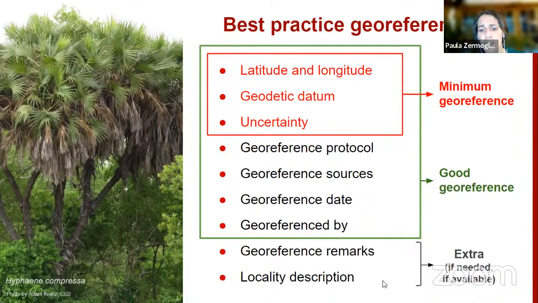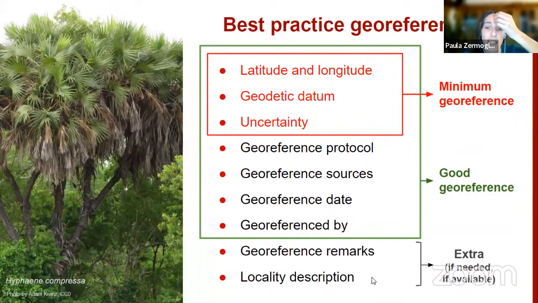And then the locality description, we will only have it if it is available. For example, if we have a location that only has coordinates and we don't have a locality description associated, we don't have to make one up. So if it's not there, it's not there. Now, if it is there, it is best practice to keep it.